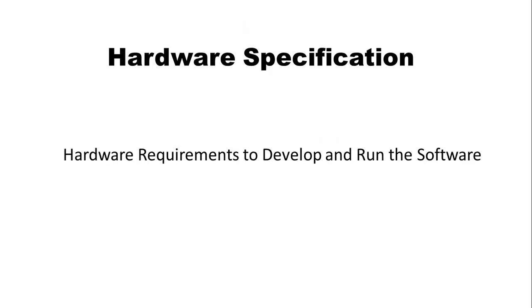Now the hardware specification. For developing that software, what are the requirements? What have you needed to develop the software, right. Let's say you have written the program on a computer, so you need to have a computer. But you don't just write computer, you have to write the RAM.